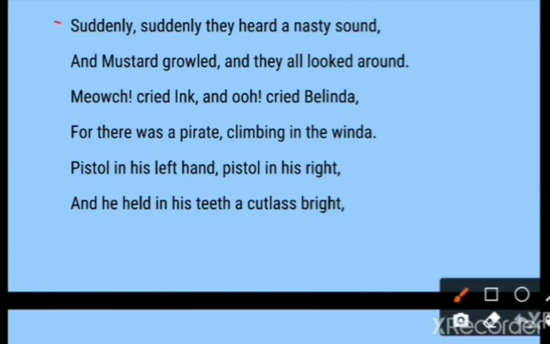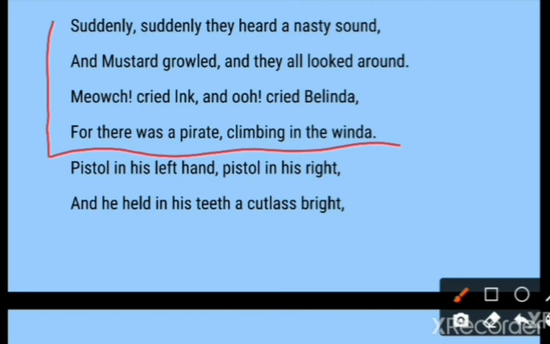And then we have another stanza, that is the seventh stanza. "Suddenly they heard a nasty sound, and Mustard growled, and they all looked around. 'Meow,' cried Ink, and 'ooh,' cried Belinda.